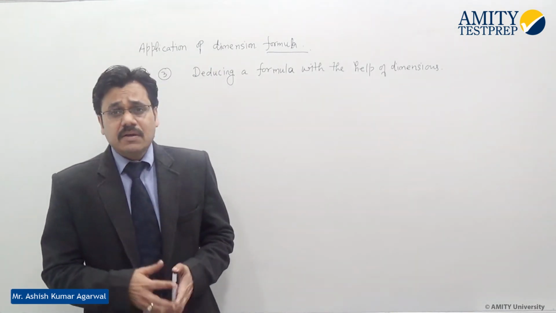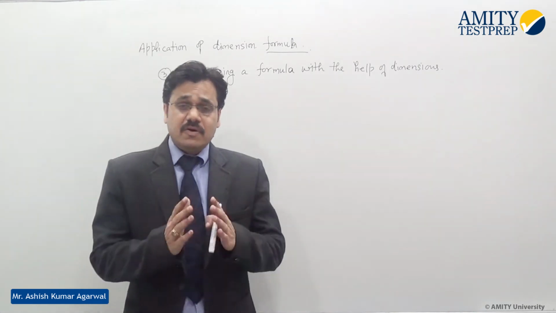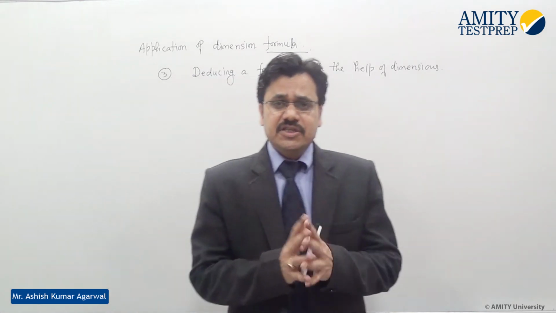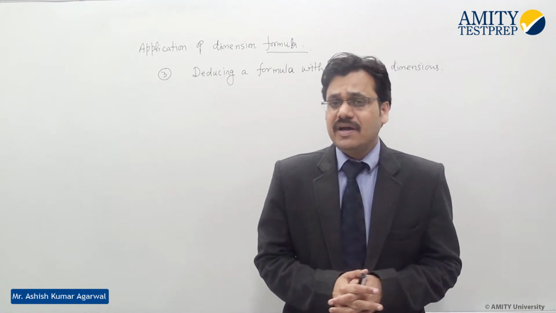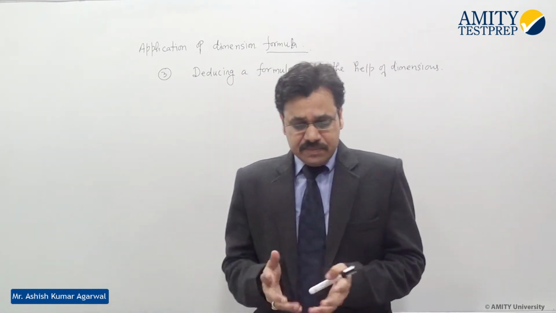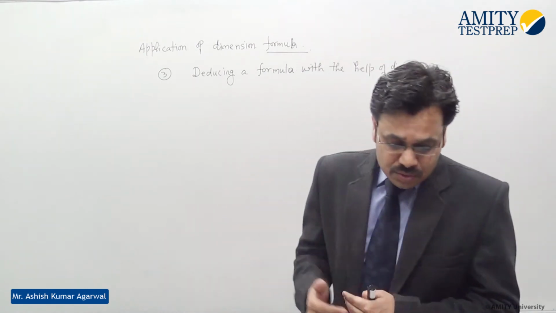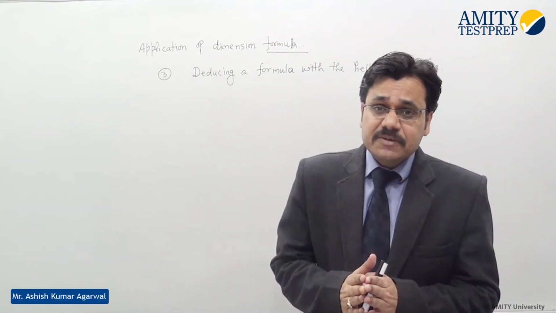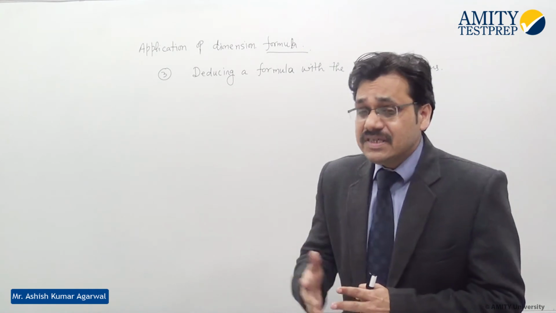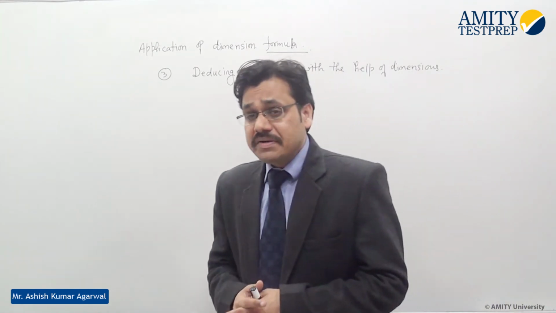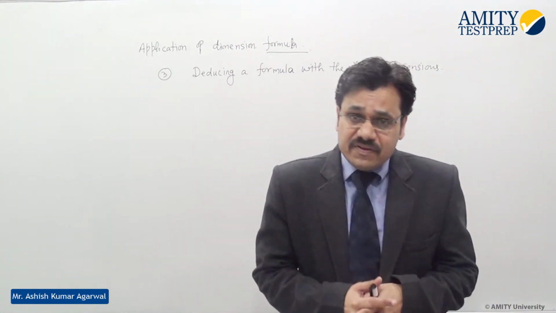Today we will discuss how to derive a relationship between physical quantities with the help of the dimensional formula. Sometimes dimensions can be used to deduce a relationship between a derived physical quantity, or any physical quantity, which depends on certain other physical quantities.